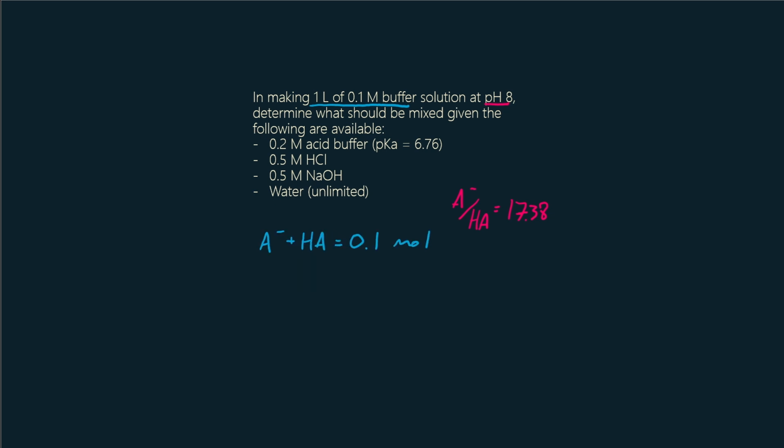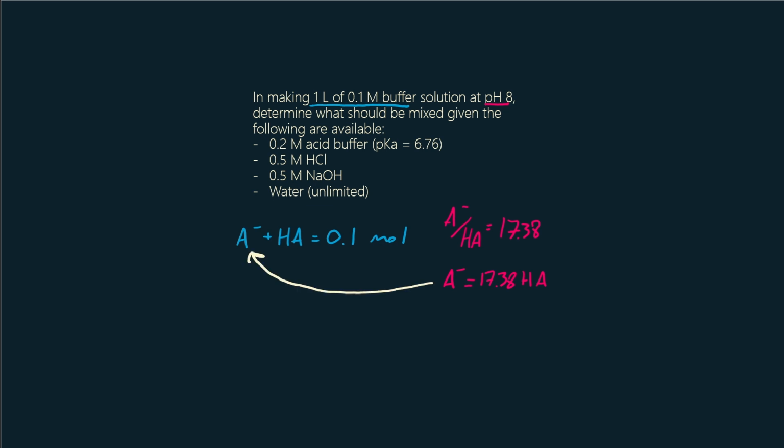So now we have the two equations to solve for A- and HA. We can solve for the variable for either of the equations. It doesn't really matter which one. Let's just do the one on the right. We'll move the HA to the right side, and we'll plug that in as our A- for our left equation.